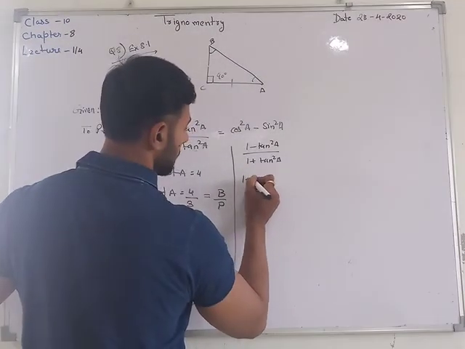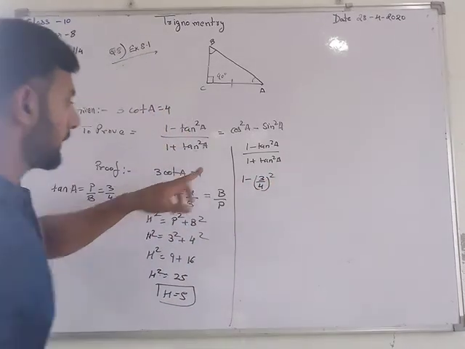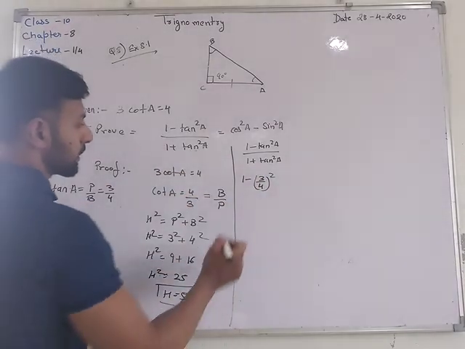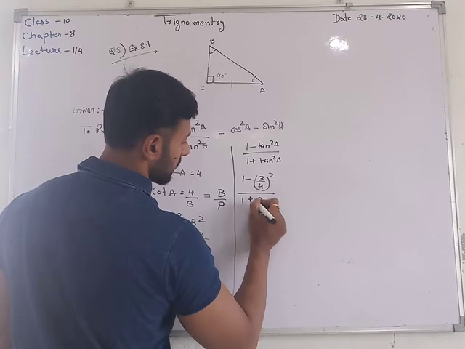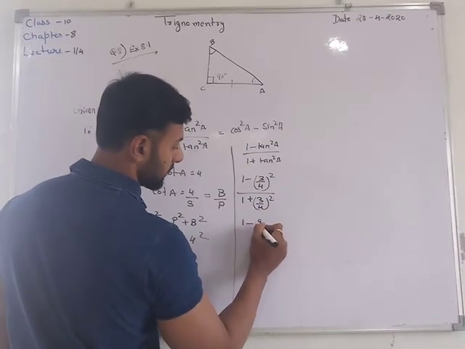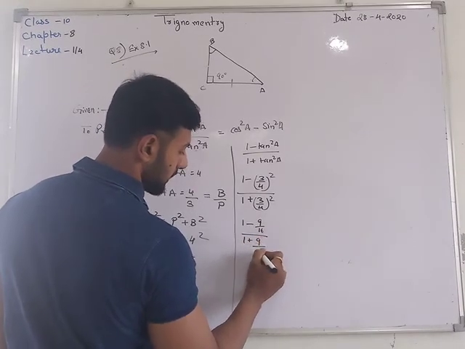Substituting the values, 1 minus 3 upon 4 whole square, because tan A is 3 by 4, upon 1 plus 3 by 4 square. Solving this, 1 minus 9 by 16 upon 1 plus 9 by 16.